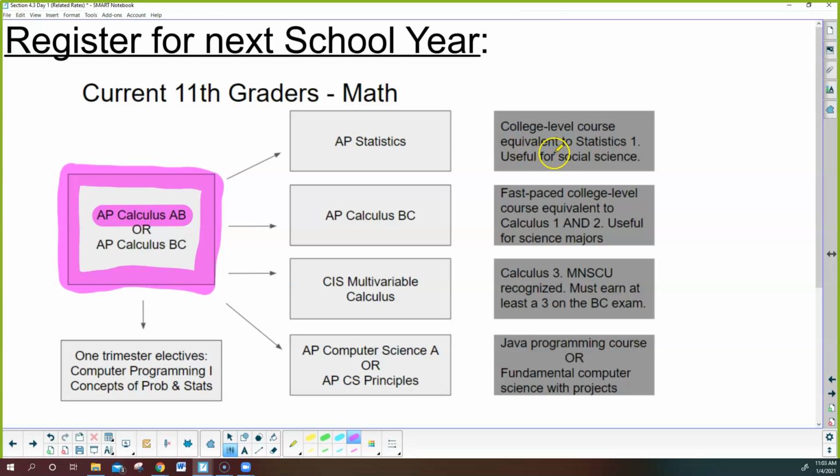So if you are interested in the social sciences, right? So if you're thinking about going into psychology or business or some of those other areas that aren't super math heavy, AP Statistics is probably a really good option for you guys to take in high school. It's a 3 trimester course. Miss Hart and Miss Quebec teach that.